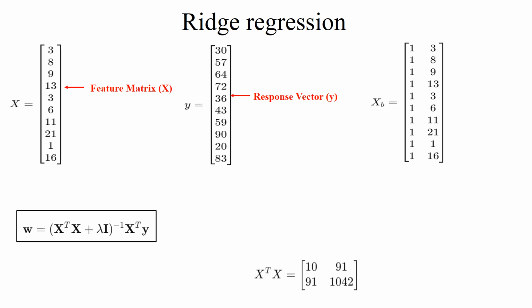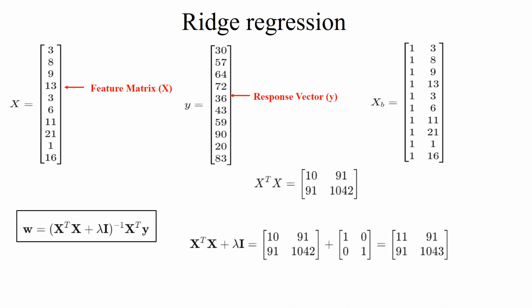Here, the next step is, after the computation of X transpose X, we have to compute X transpose X plus lambda I, where lambda is the regularization parameter and I is the identity matrix. Upon finding the summation of these two, it results in this matrix.